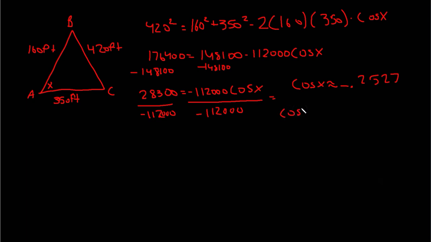So the cosine inverse of roughly negative 0.25 is roughly equal to x. Don't forget the negative here. So we insert that in our calculator. We get that x, or even better, measure of angle A is roughly equal to 105 degrees. All right, so that's our measure of angle A.